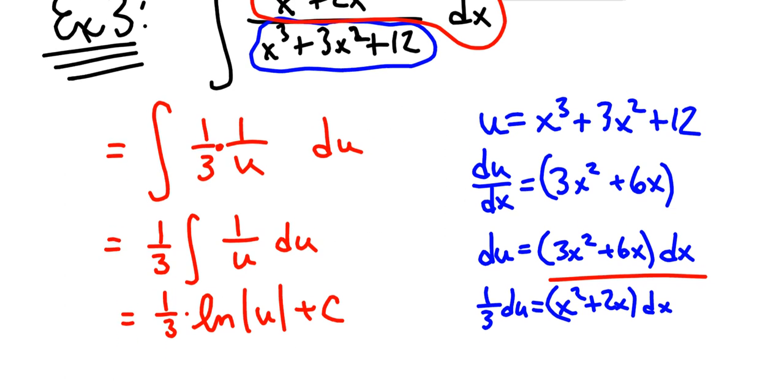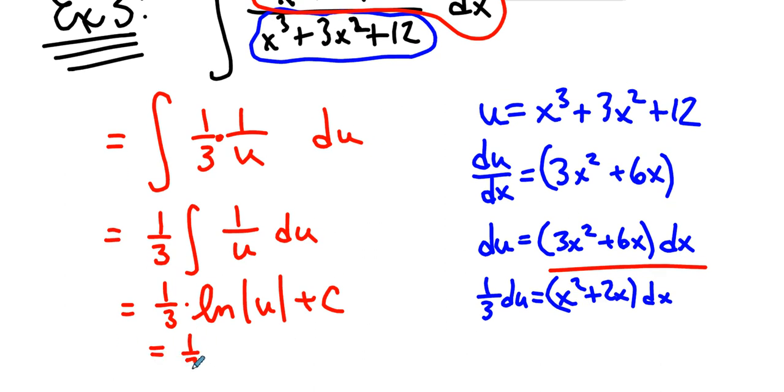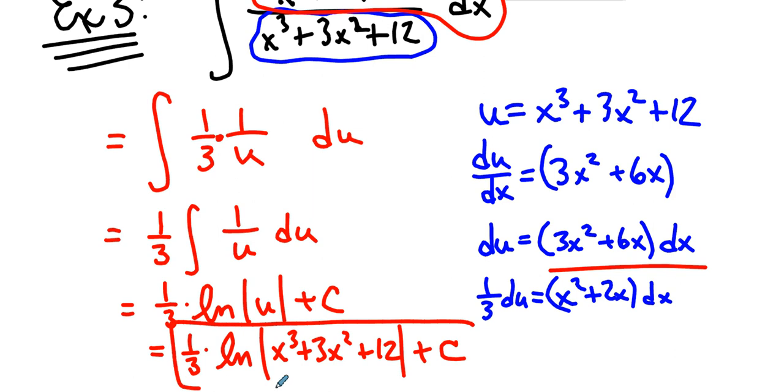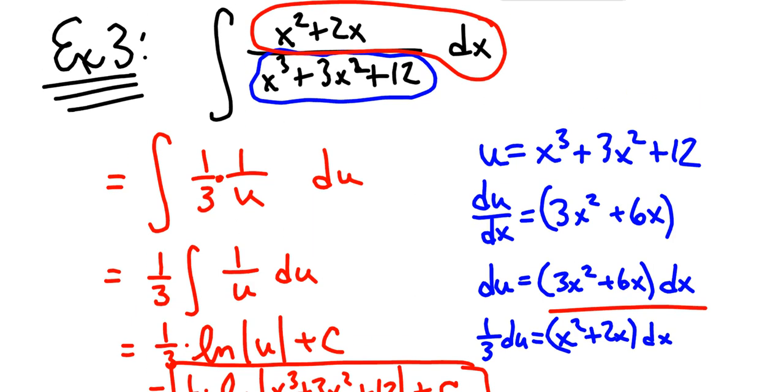Now, we don't write u in the final answer. We write the expression in x in the final answer. And if you check yourself, you'll find out that the derivative of this thing here is that thing there.